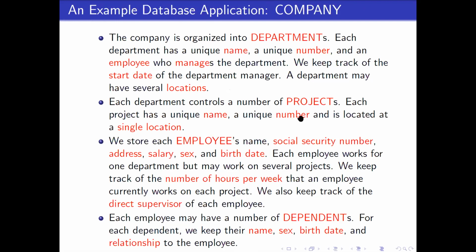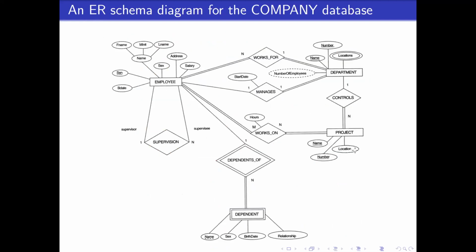Now, each of these entities can be described using a set of attributes. For example, for department, you have a name, a number, and an employee who manages the department. So we have a department name, number, and then a manager, which actually comes through a relationship.